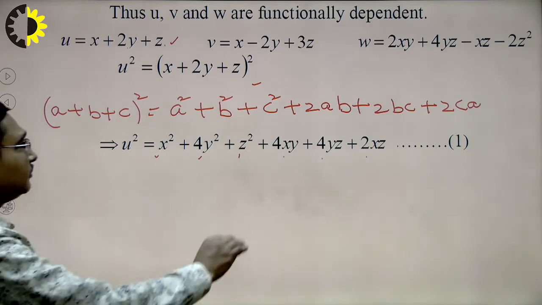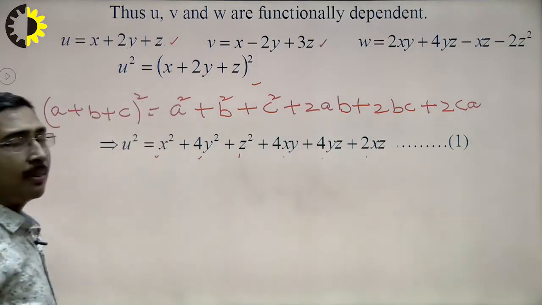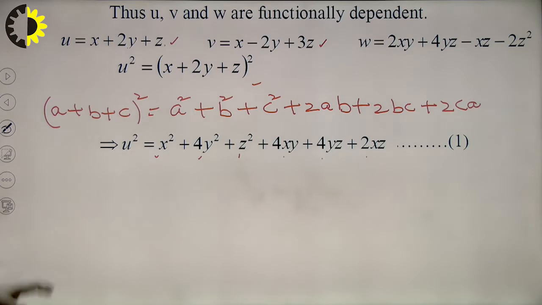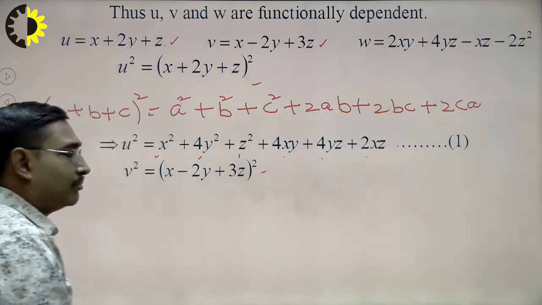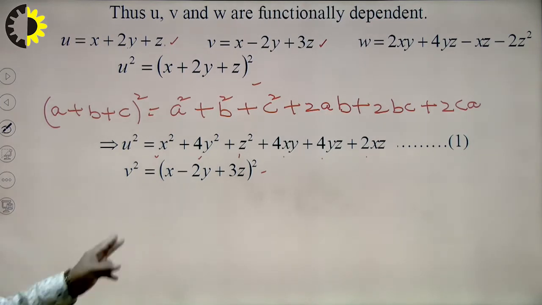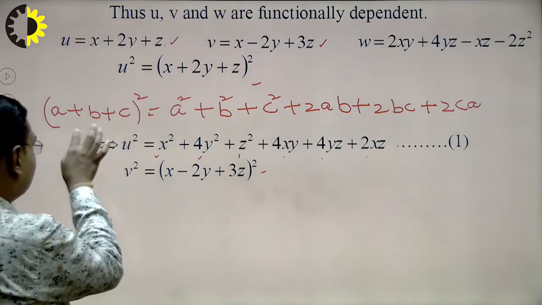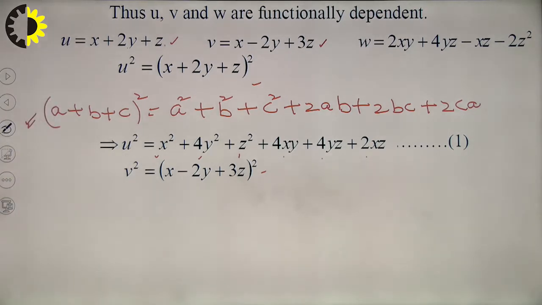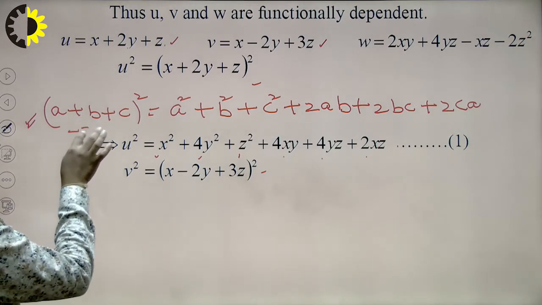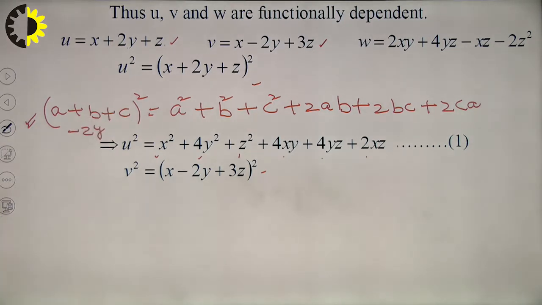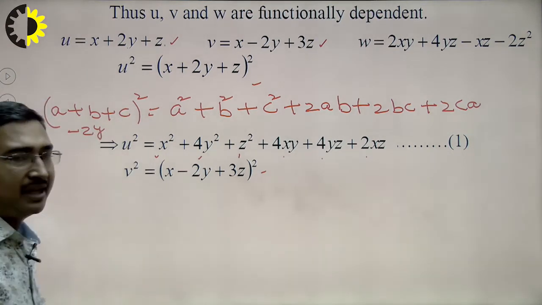Now, from this v, I shall calculate v square. To evaluate this expression, we shall use the same formula for a plus b plus c whole square, but b will be replaced by minus 2y, x is to be replaced in place of a, and c will be replaced by 3z.